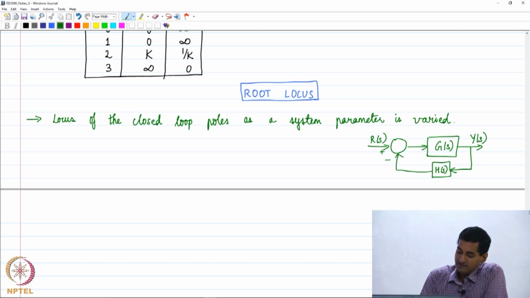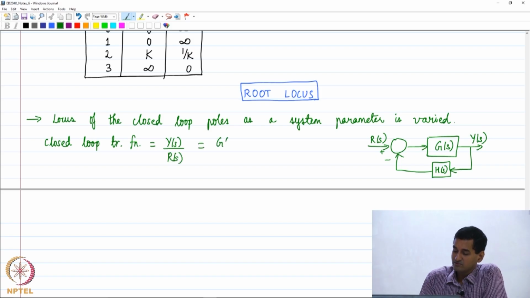Immediately the closed loop transfer function, which is nothing but Y of s divided by R of s, we already know is equal to G of s divided by 1 plus G of s H of s.